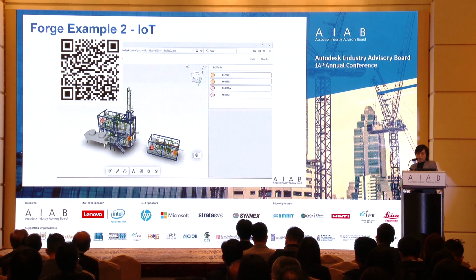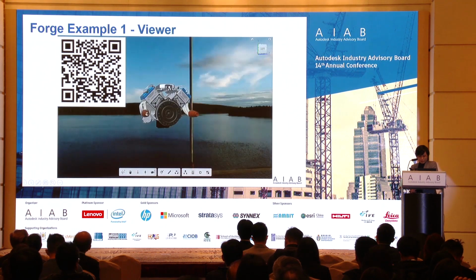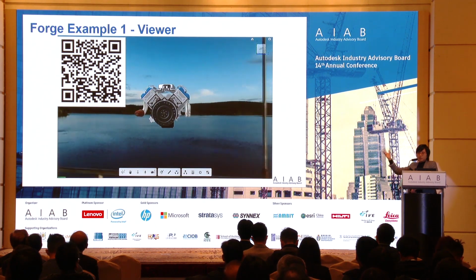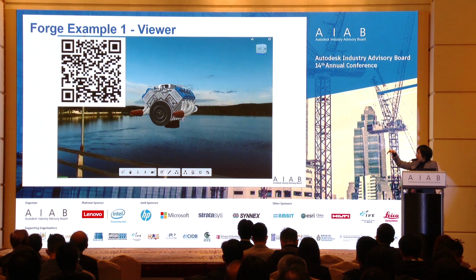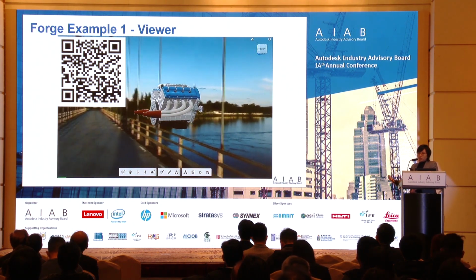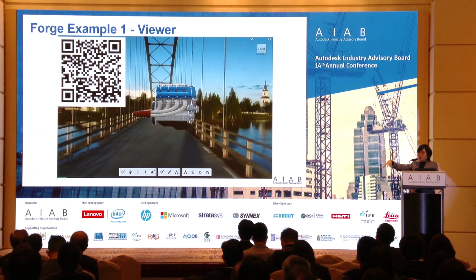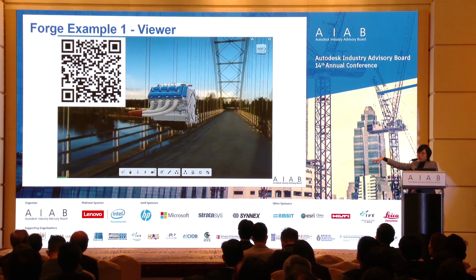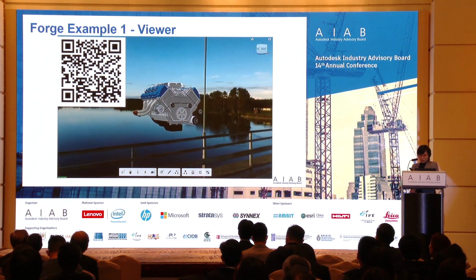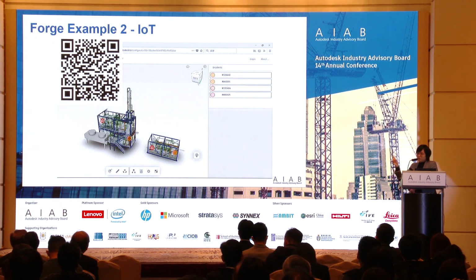Here I have an example, which maybe some of you have seen before. This is our BIM 360 environment, and in the background is the panorama view. We use Forge to add that panorama photo in the viewer. And for this one, this is the large work model.